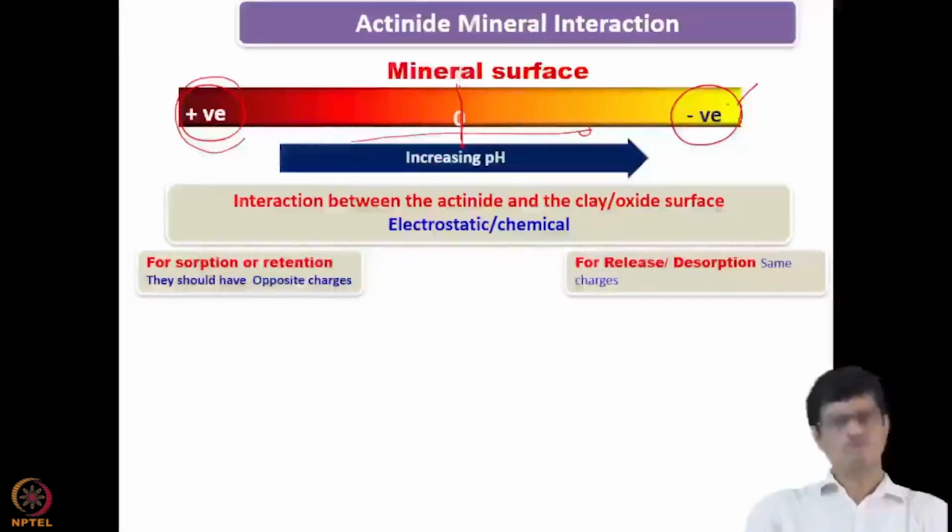For sorption or retention, the mineral surface and the binding actinide ions should have opposite charges. If you want them to be released or dissolved from the mineral surface, you should have species of the same charge. In that case, it will be released from the mineral surface.